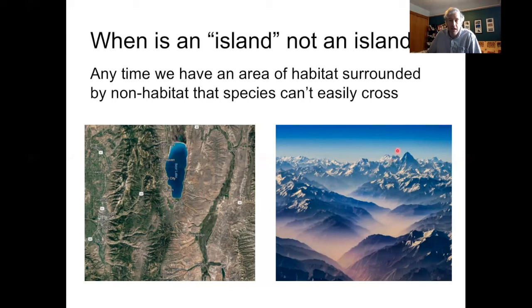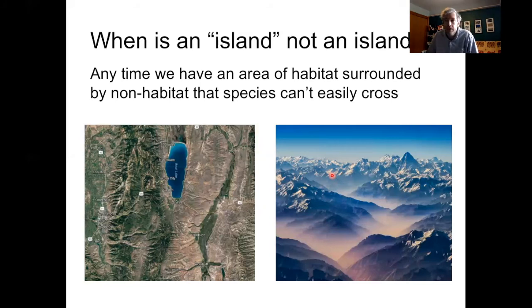So as a result, if you're an alpine species, the tops of mountains represent islands of habitat surrounded by valleys, which represent impenetrable non-habitat. So in many cases, islands are not what we would think of as classic islands. They're things like lakes and mountaintops. But the theory of island biogeography can be applied to these different types of islands in exactly the same way as it can to islands of land in the ocean.